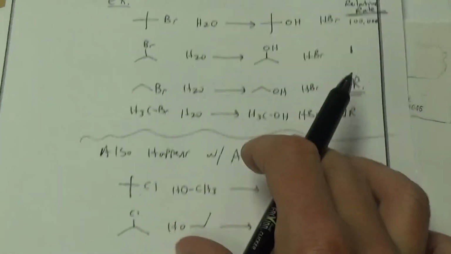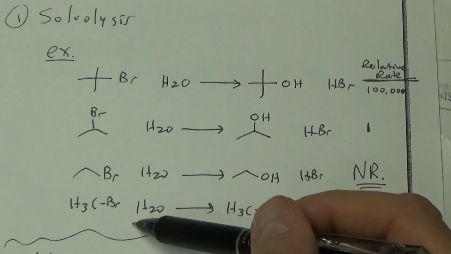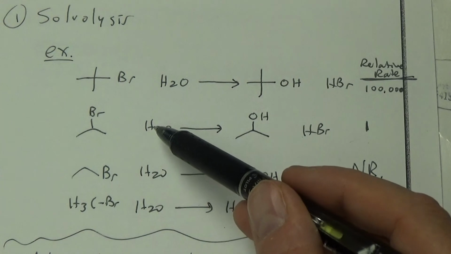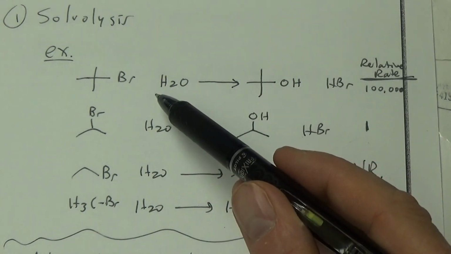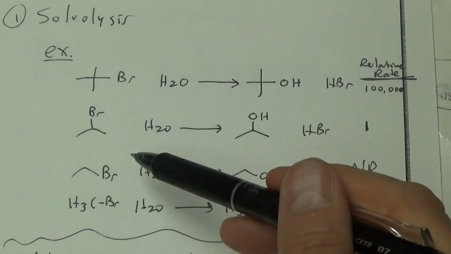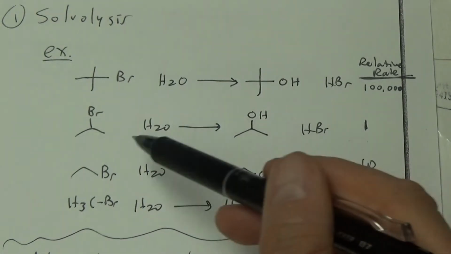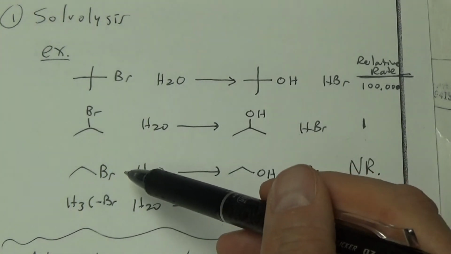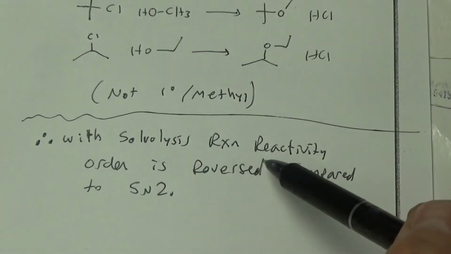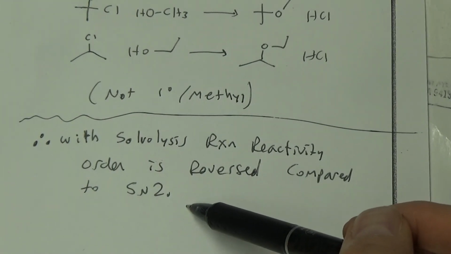Meaning, if you're doing SN2 with a good nucleophile, methyl was the insanely fast one, primary was a little slower, secondary was a little slower, and then tertiary was completely not reacting at all. Now it's reversed with this weird solvolysis reaction. Now tertiary is the good one, secondary is kind of bad but works, and then primary and methyl are totally no reaction. That is absolutely true based on the data that I just provided.